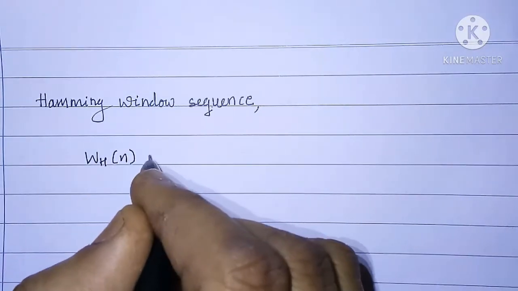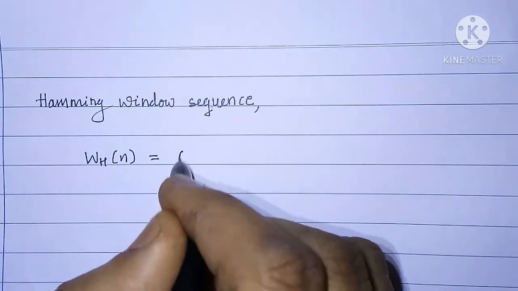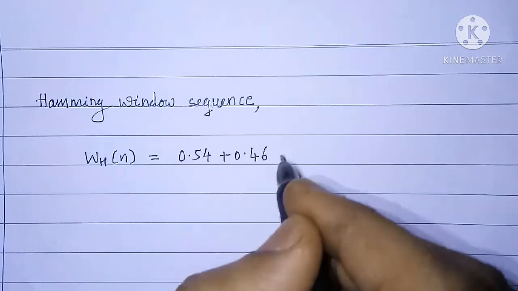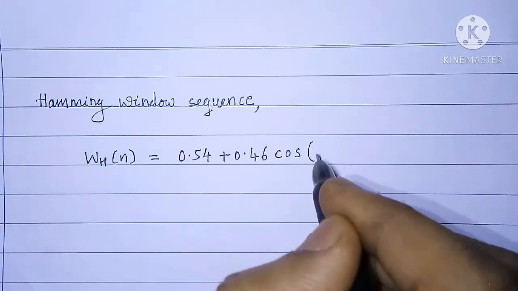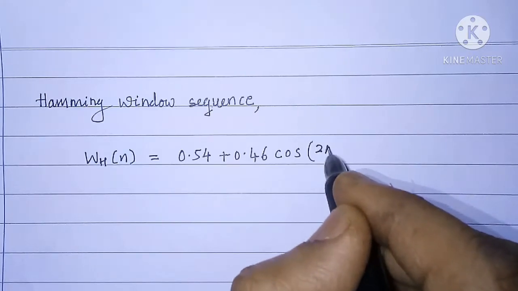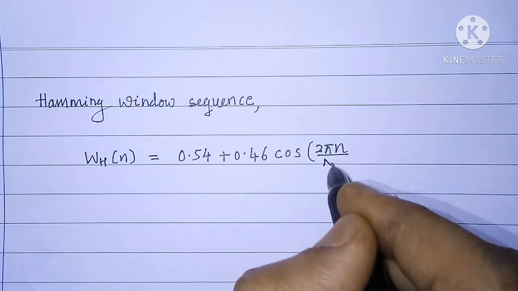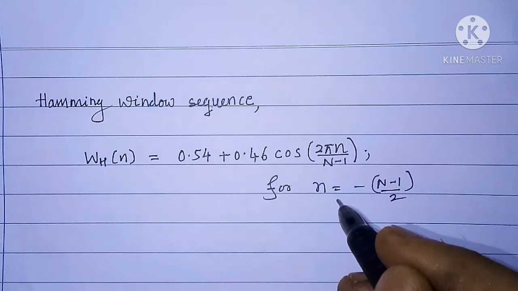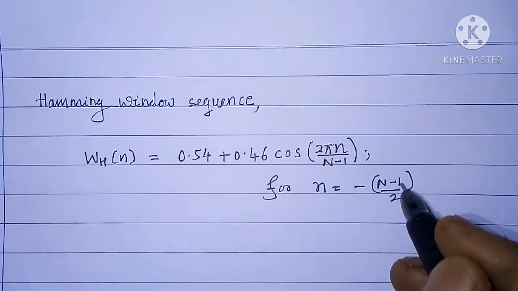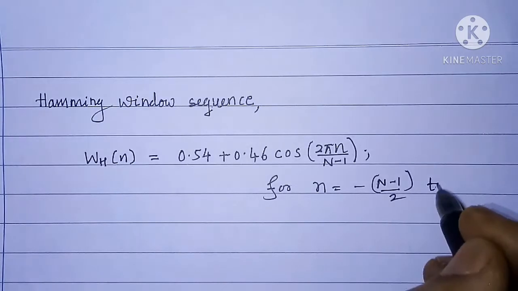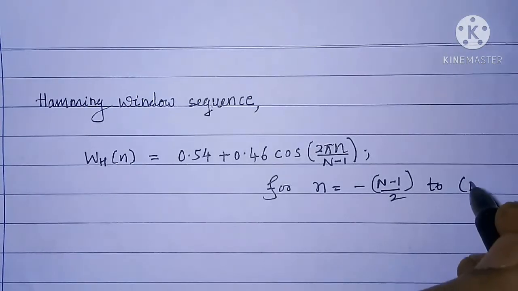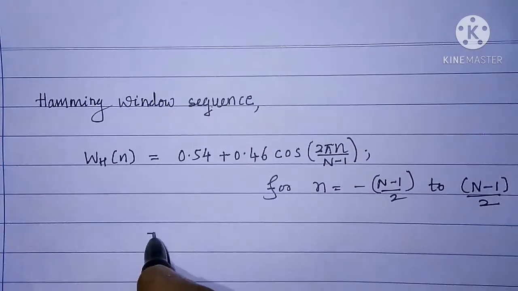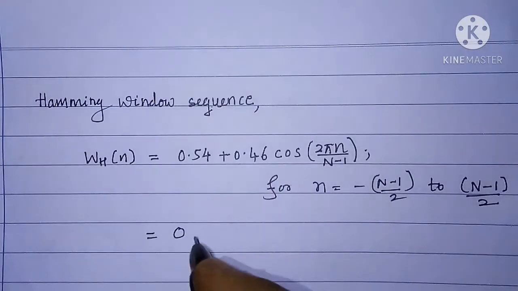That is WH of n equal to 0.54 plus 0.46 into cos of 2 pi n by capital N minus 1, for n equal to minus capital N minus 1 by 2 to plus capital N minus 1 by 2, and equal to 0 otherwise.